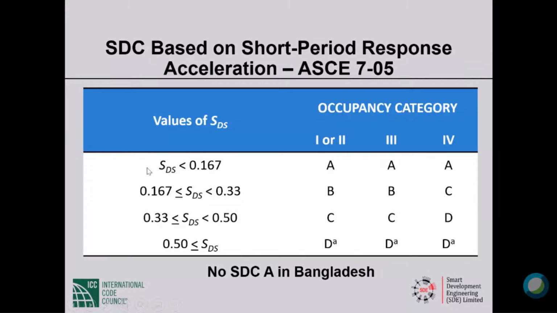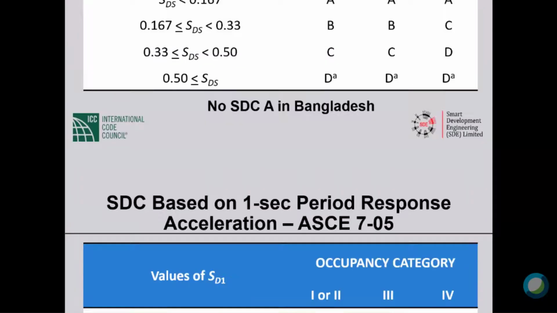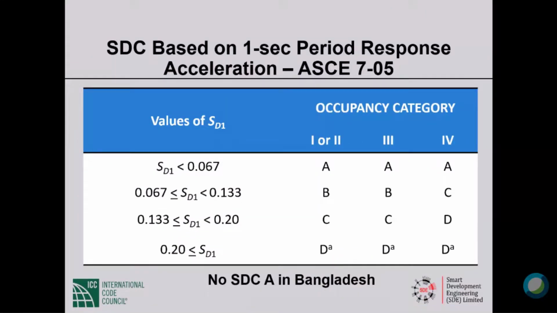Okay. And there are design categories A, B, C, and D. We then redetermine the seismic design category of our same structure based on soil modified long period ground motion and the occupancy category. Okay. And whichever is the worst governs.